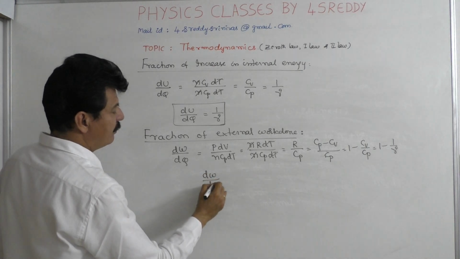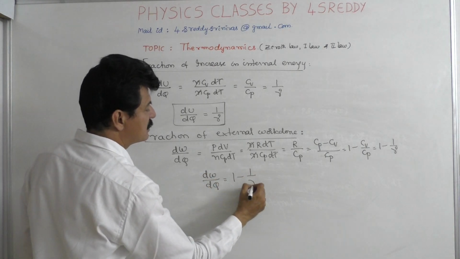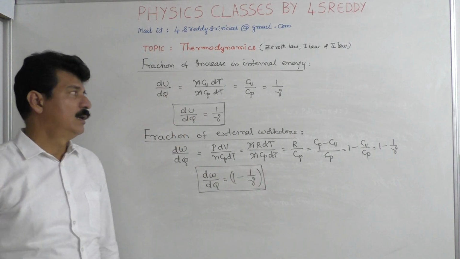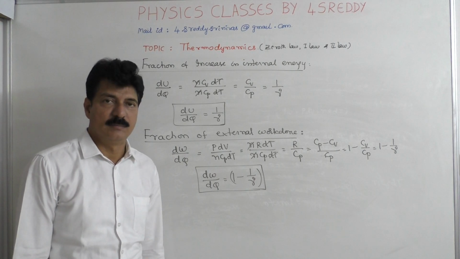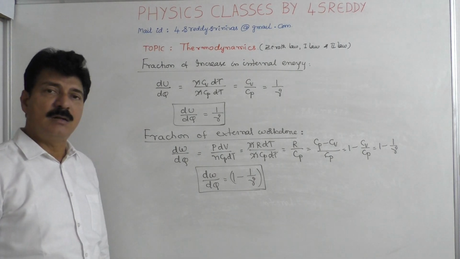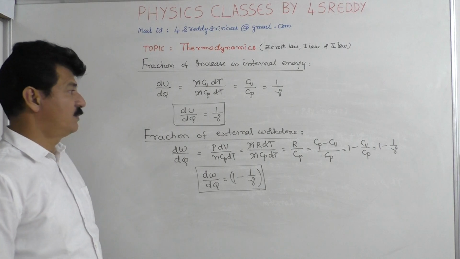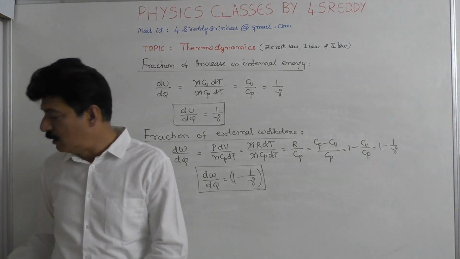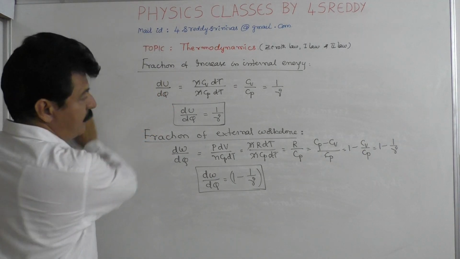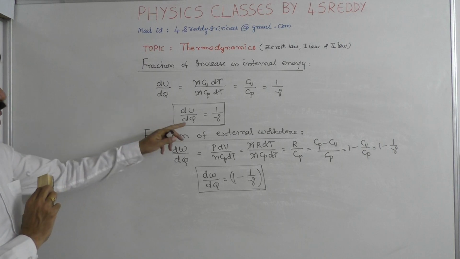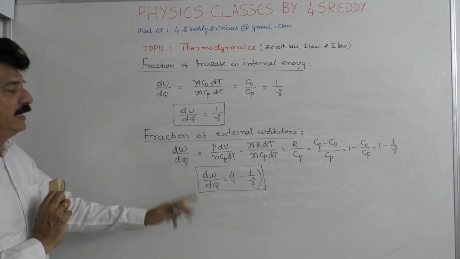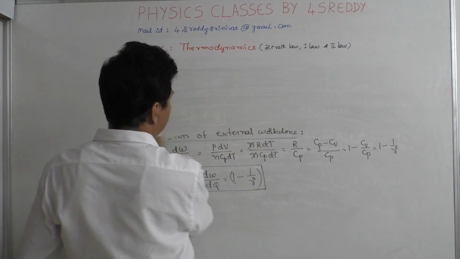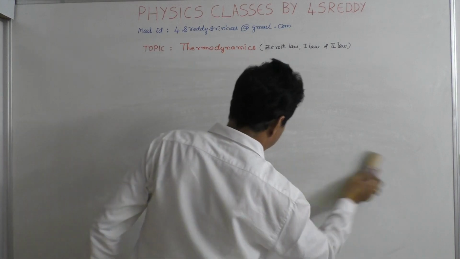Therefore, dW by dQ is equals to 1 minus 1 by gamma. Fraction of external work done is given by this formula. Once you know that, dU by dQ is 1 by gamma, dW by dQ is 1 minus 1 by gamma.